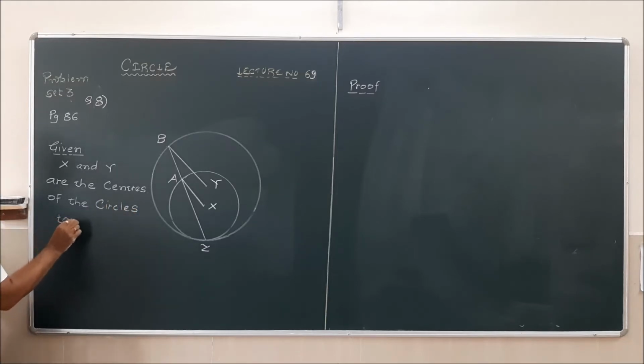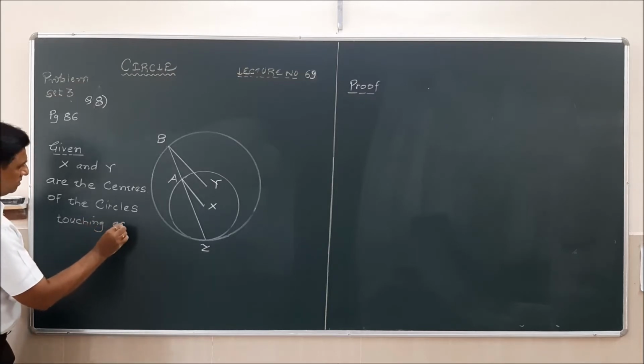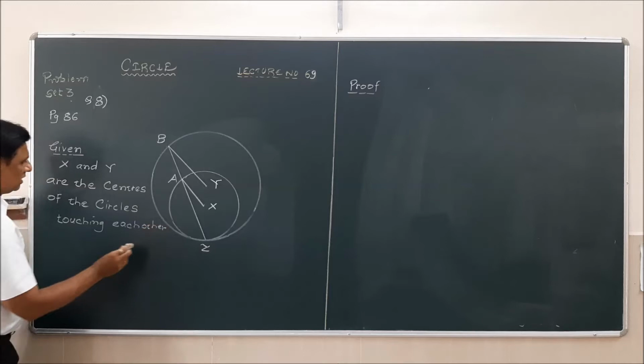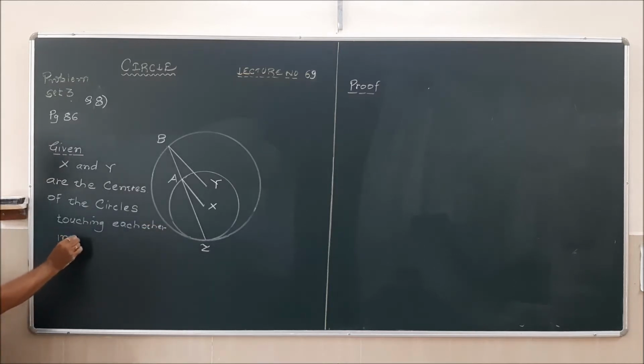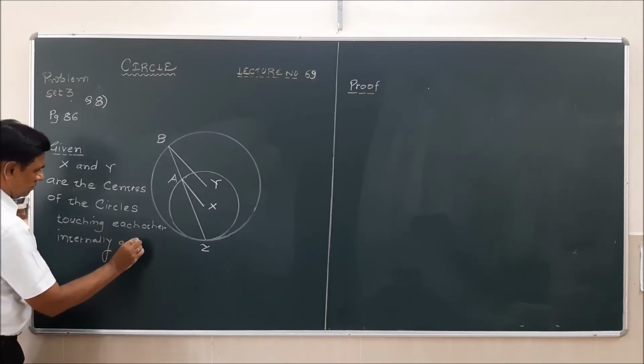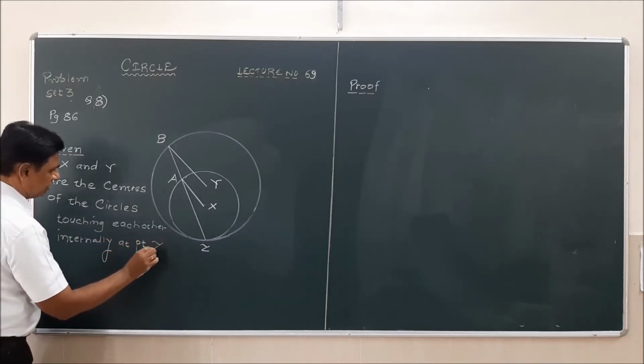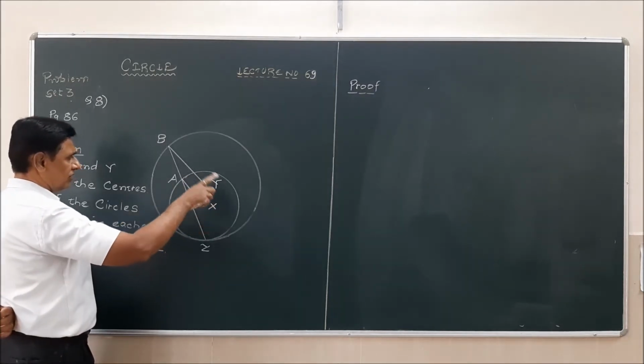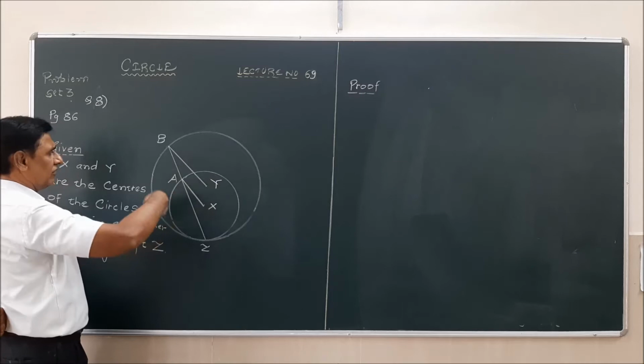Touching each other internally at point Z. X is a center of a smaller circle while Y is the center of a larger circle.